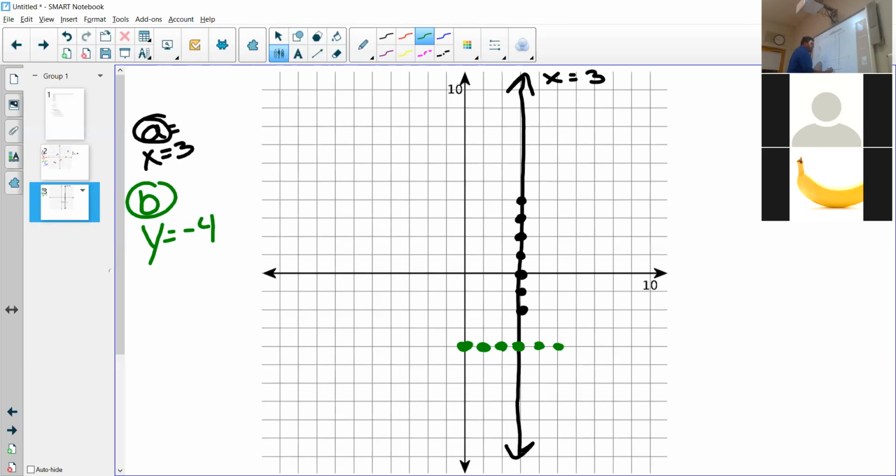Notice backwards, it should be true too: (-1, -4), (-2, -4). So it's every place where y equals -4. So that happens to be a horizontal line where y equals -4. Remember, it's every place where y equals -4. So y equals -4 here.